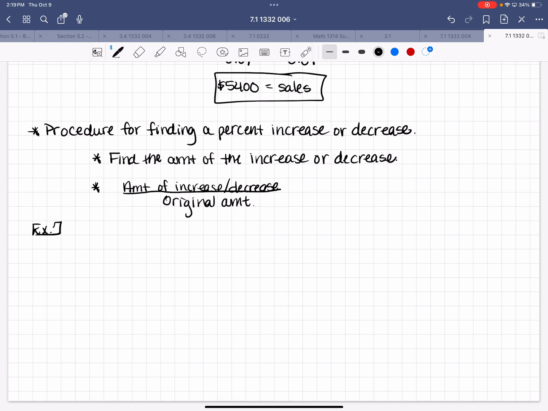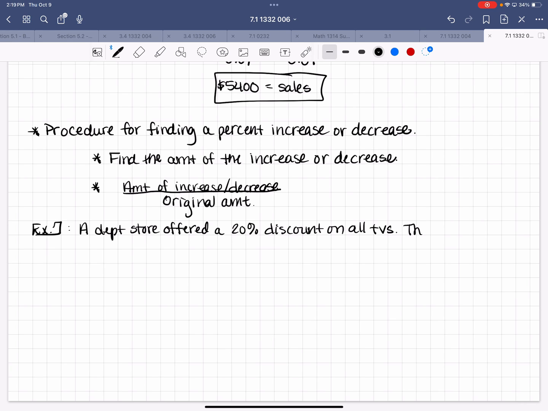A department store offered a 20% discount on all TVs.